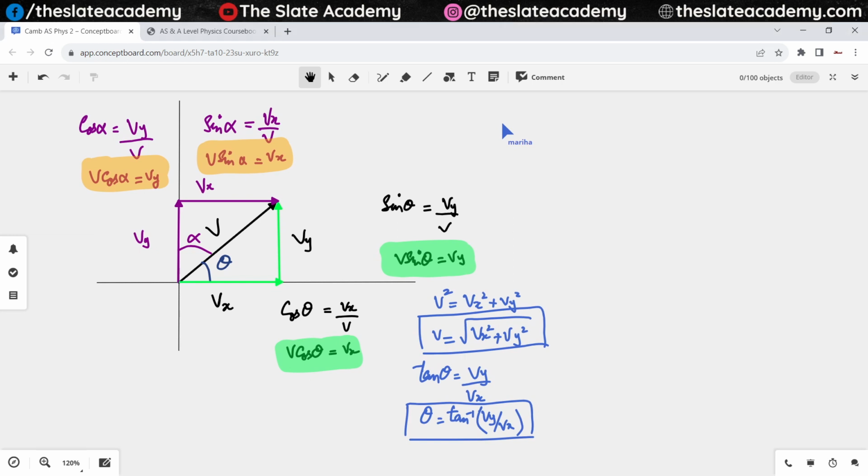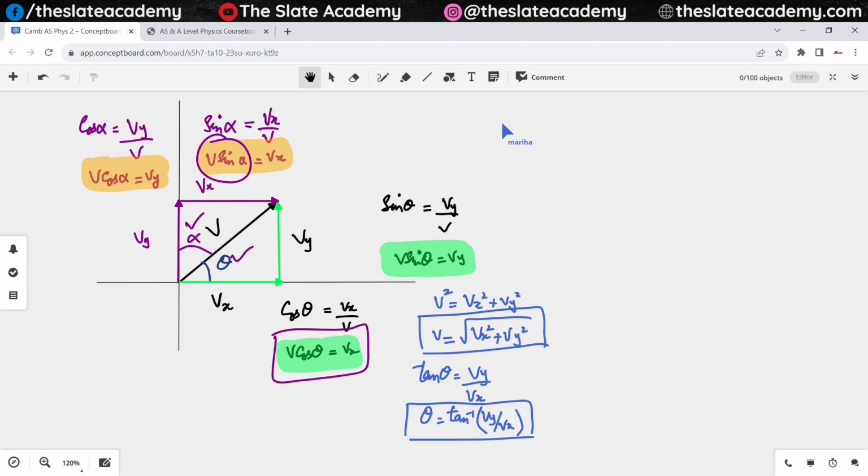The point to remember is that some students end up just memorizing that Vx is equal to V cos theta. That would be true in most of the cases, but it would be true always only when the angle is given with respect to the horizontal. If the angle is given with respect to the vertical or the y-axis, then the same x component will be given by V sine alpha.